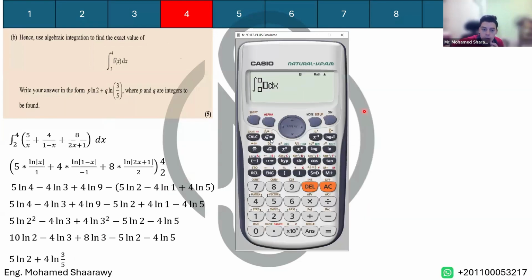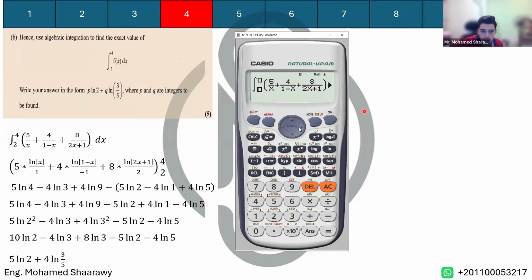Actually, the calculator can perform an integration step. So let's write this integral, which is 5 over x plus 4 over 1 minus x plus 8 over 2x plus 1.